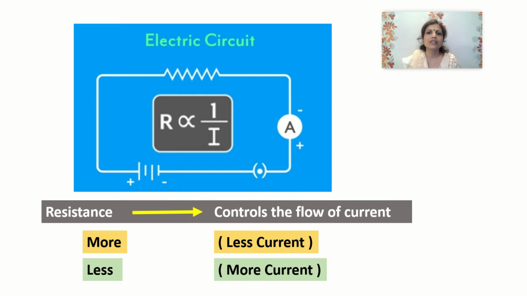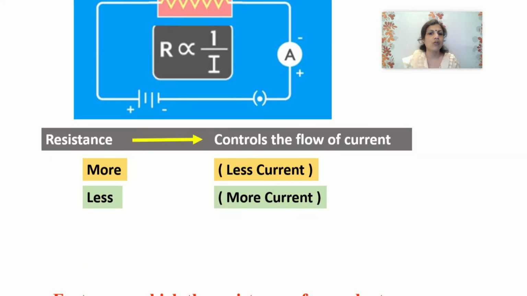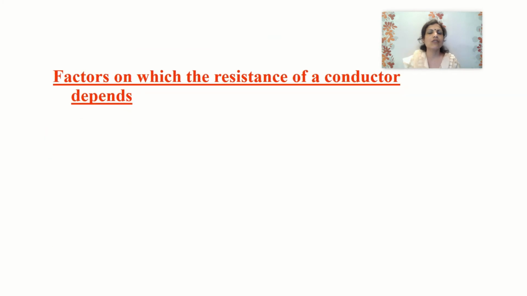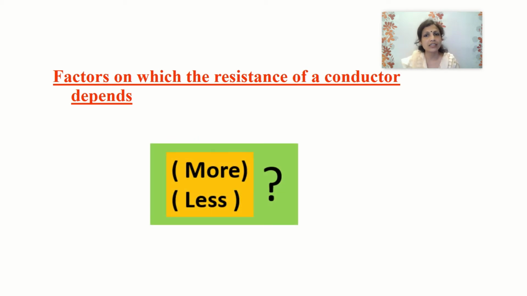So we are going to discuss the resistance of a circuit and the factors on which it depends. When this resistance is more or less, what is happening in an electrical circuit during that time?